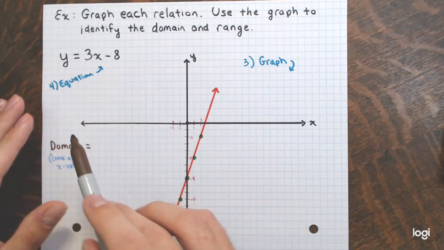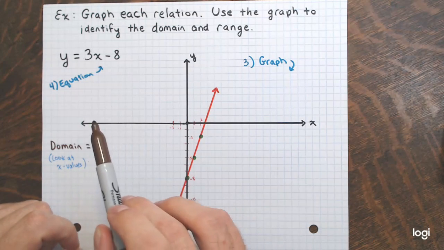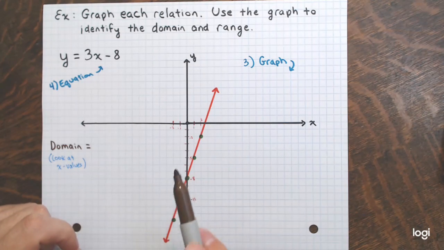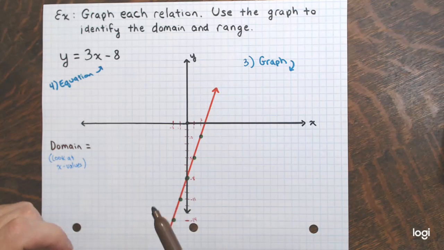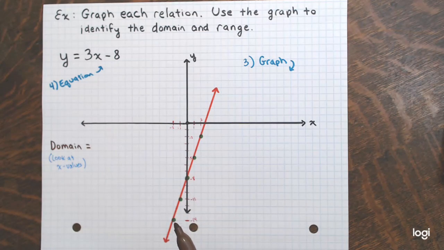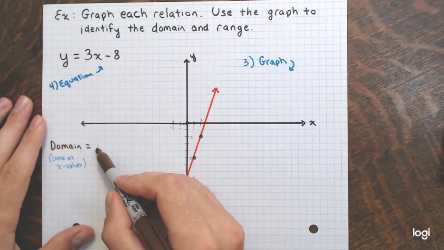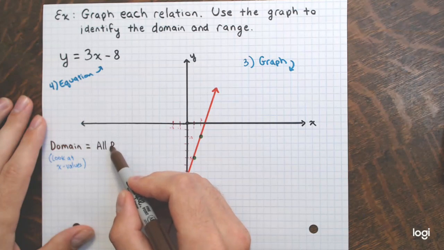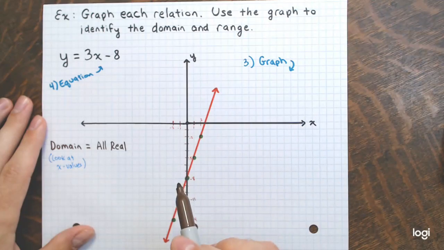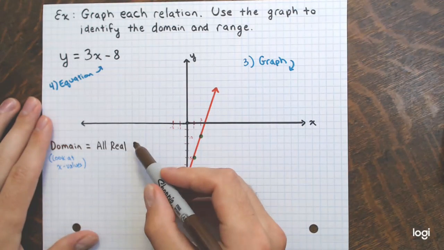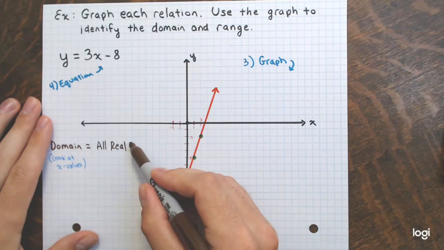So I could say that in words: if every value on the x-axis is an x-coordinate of some point, then we would say that the domain is all real numbers, because the x-axis and the y-axis represent the real numbers. They're called the real number lines.